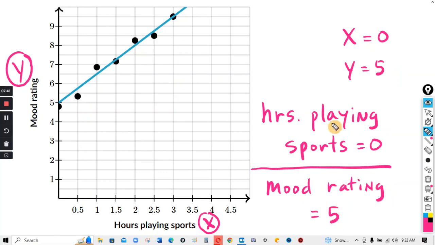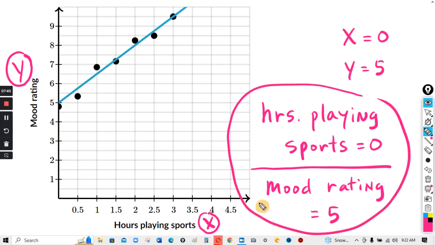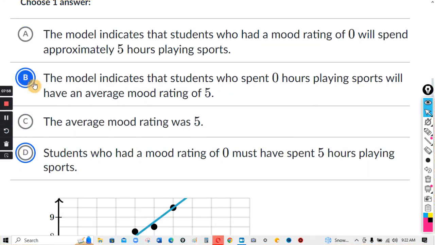So this is going to be our answer. It's probably going to say somebody that doesn't play sports at all has a mood rating of 5. Answer B, the model indicates students who spend 0 hours playing sports will have an average mood rating of 5. Answer B.